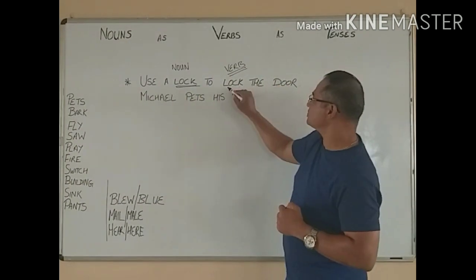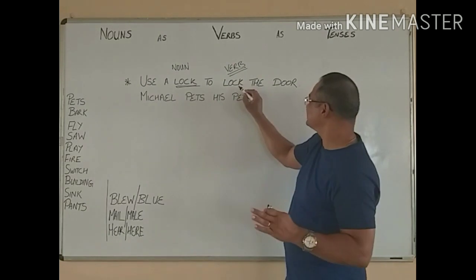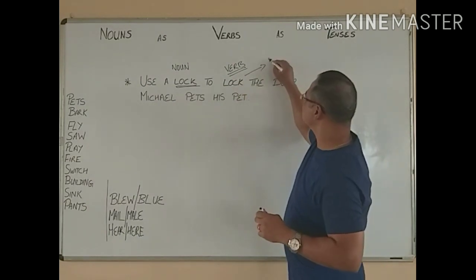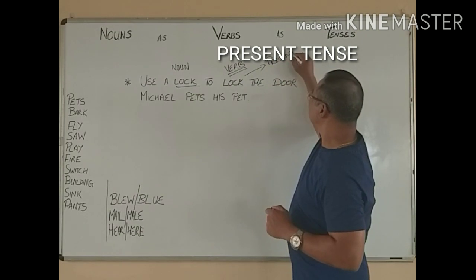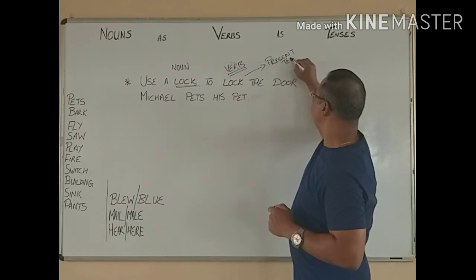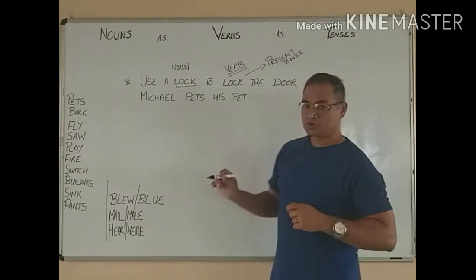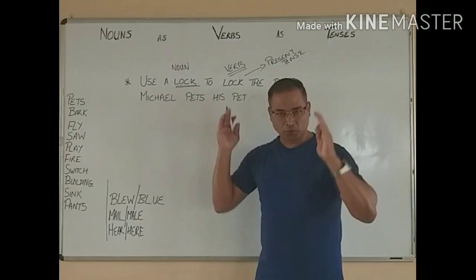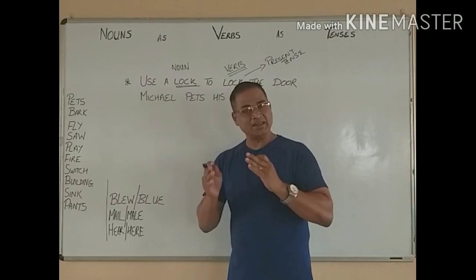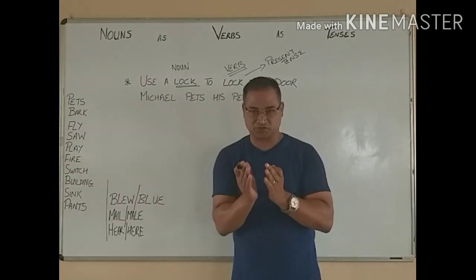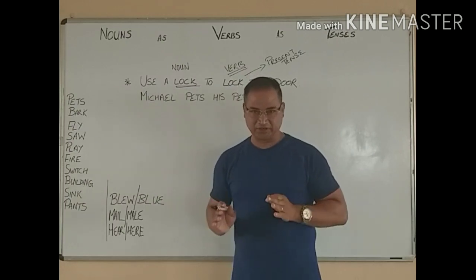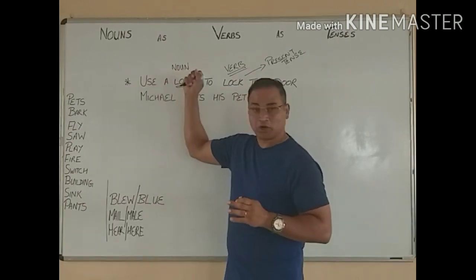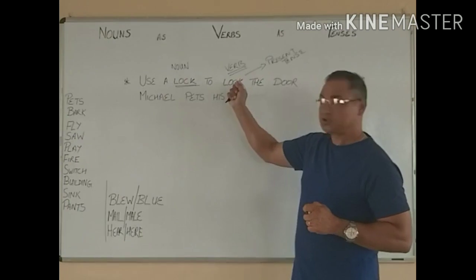And at the same time, to lock the door is in the present tense. So this can also be considered as in the present tense. So you see the same word coming in at different places in the sentence can mean differently. Use a lock to lock the door.